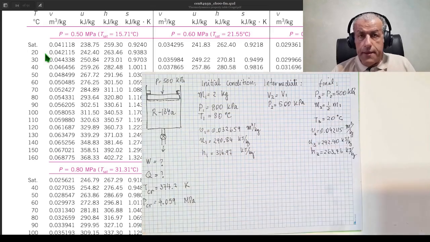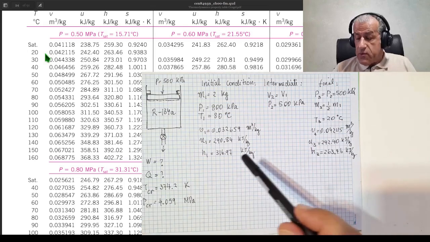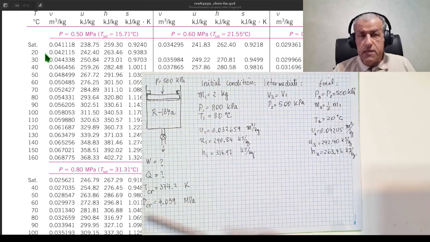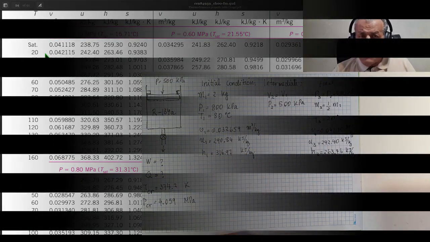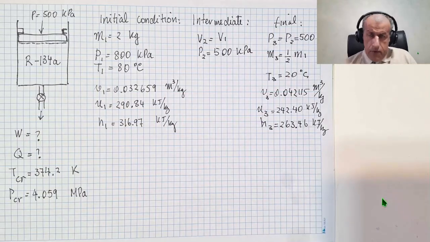So, but as we know the properties, we could easily go to equations and see how they simplify. Now, we have all properties for initial and final condition. Let's simplify the governing equations to see how they would look for this problem.